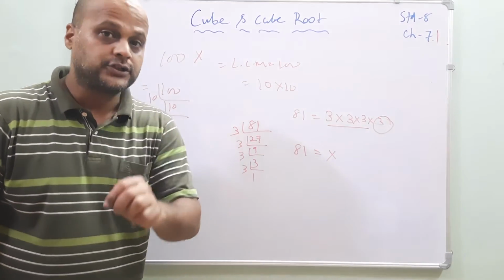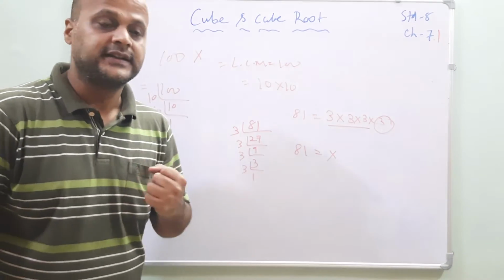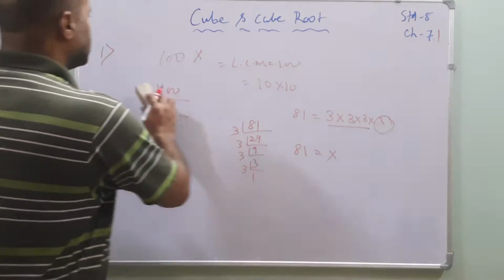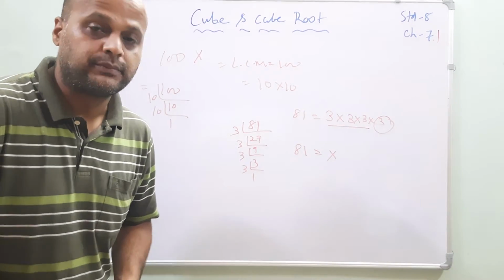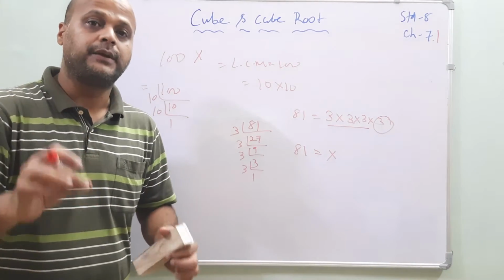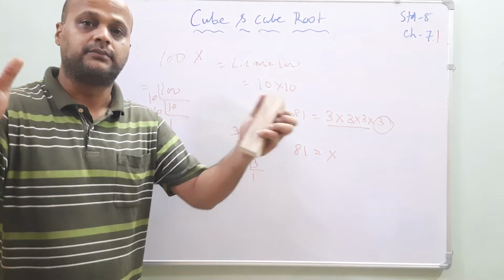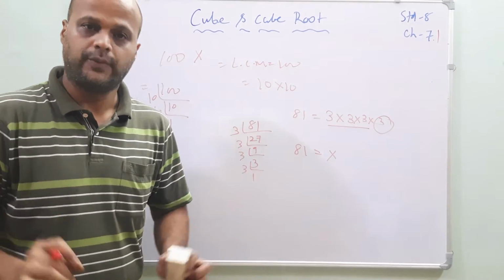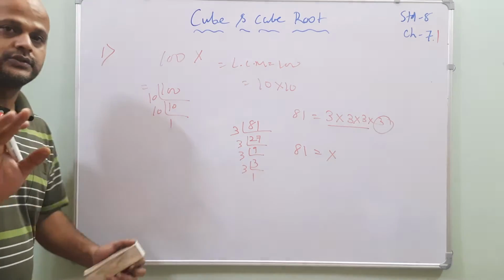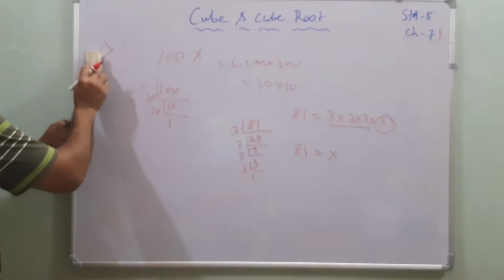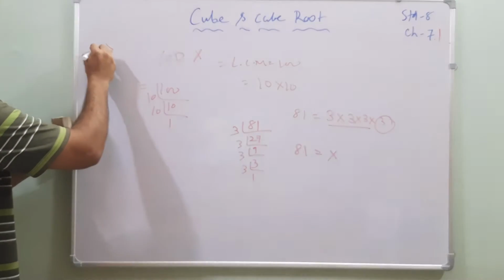Let's go for the second question. What is the second question saying? What is the smallest number required to multiply a particular number so that the number becomes a perfect cube of some number? Take an example of 100 here so that it will be easy for you. I am changing the question now.